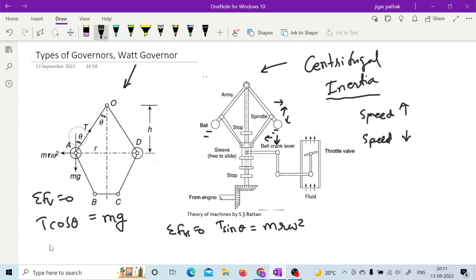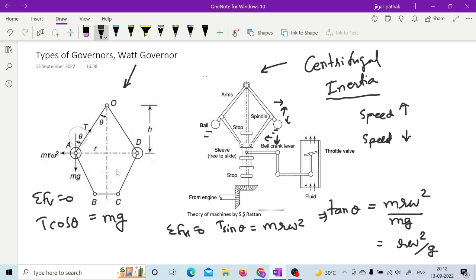So this is how you have T cos theta is equal to mg, and T sin theta is equal to m r omega square. So if you take the ratio of both equations, then you will find that tan theta is equal to m r omega square upon mg, which will be equal to r omega square upon g, right?